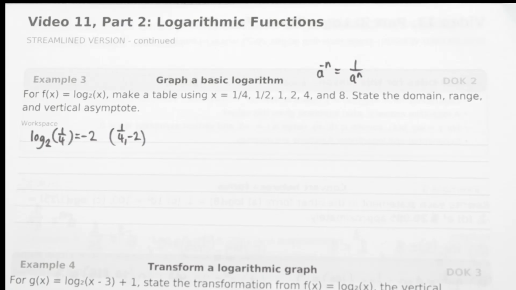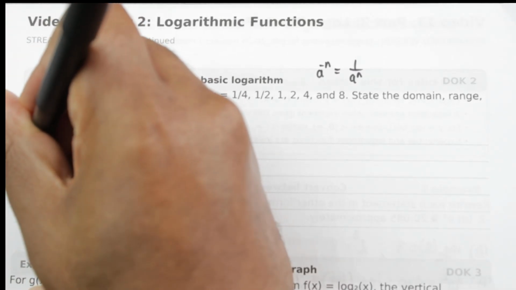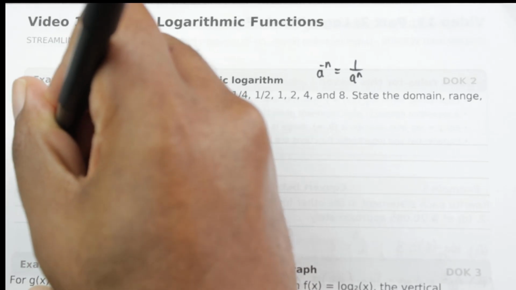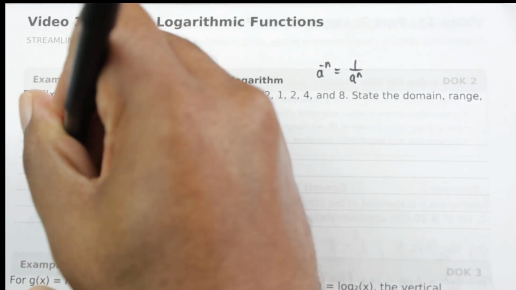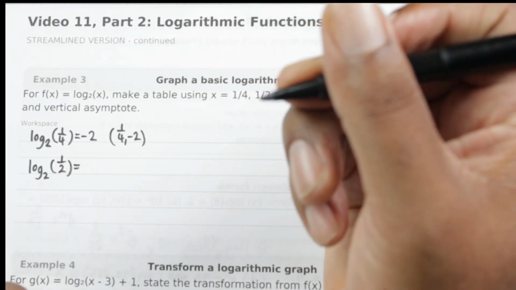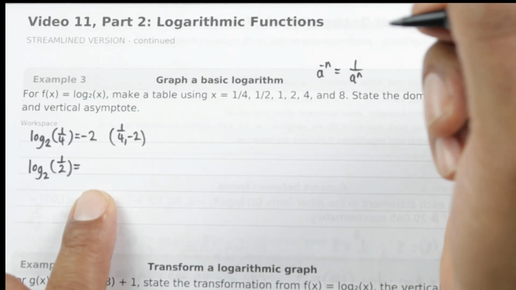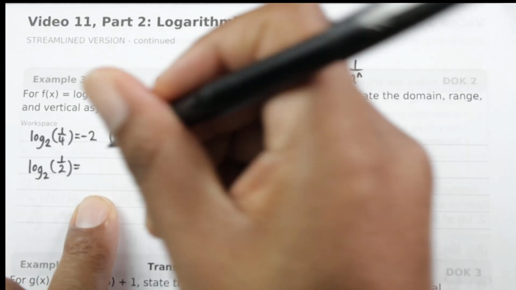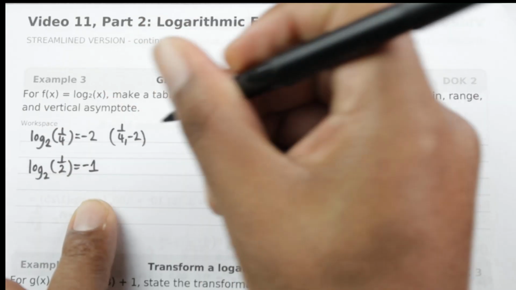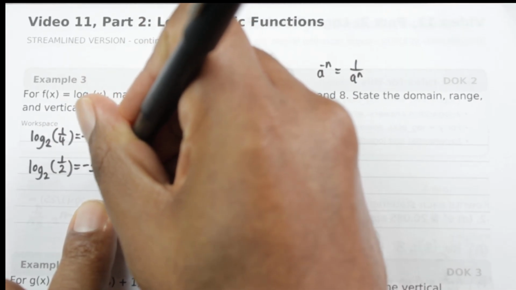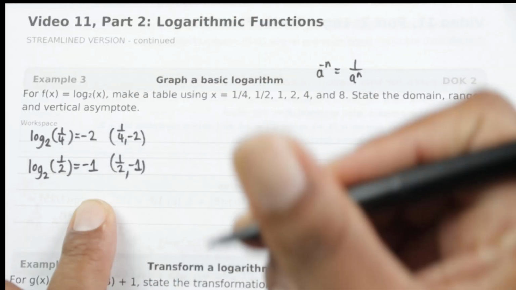Then next we have 1/2. That's going to be log base 2 of 1/2. 2 raised to the power of negative 1 is going to give you 1/2. So we have 1/2, negative 1.